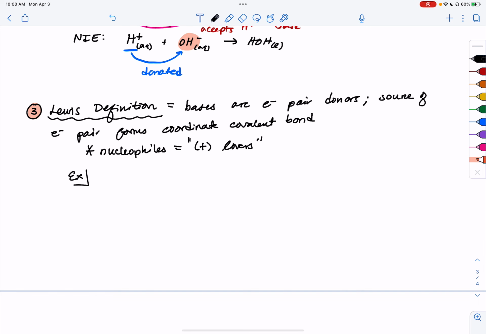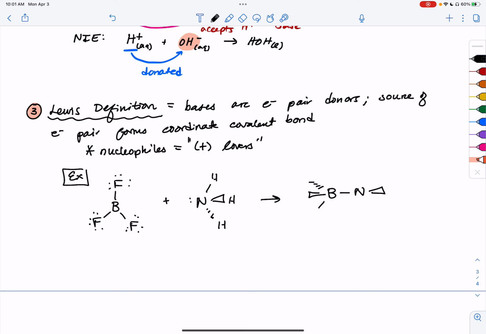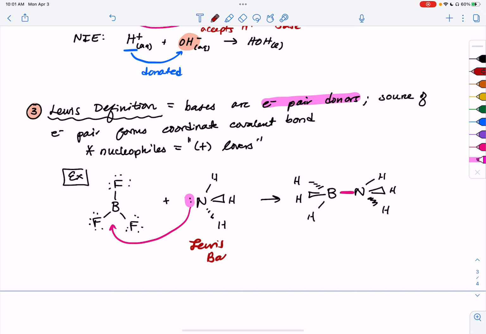So if we go back to our example where we looked at the reaction of boron trifluoride with ammonia, to form this thing that I demonstrated I already cannot name, we see that because we have the electron pair here that is being donated to the BF3, creating this coordinate covalent bond, this is what makes the ammonia the Lewis base.